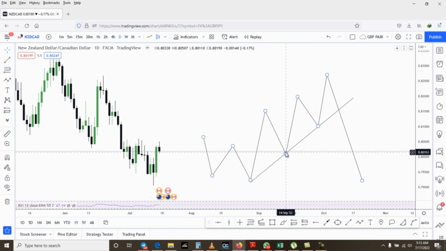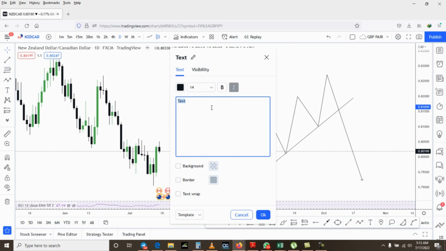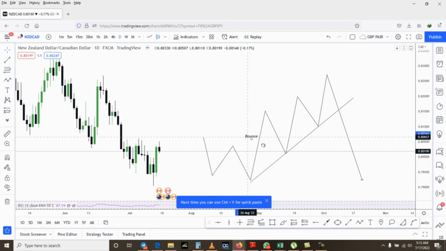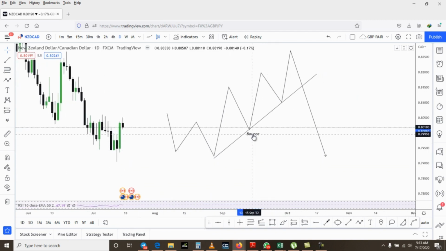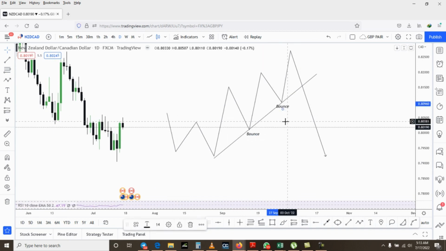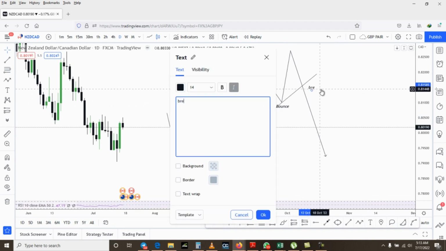A trend line bounce, I'm just going to say bounce. This is another bounce, and then the other option is a breakout.